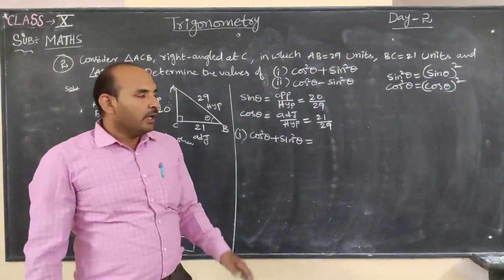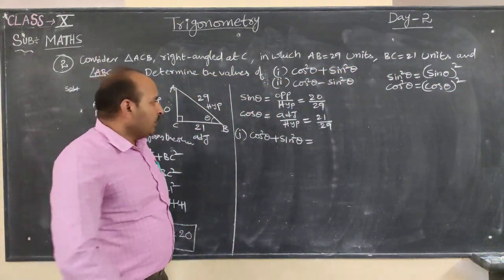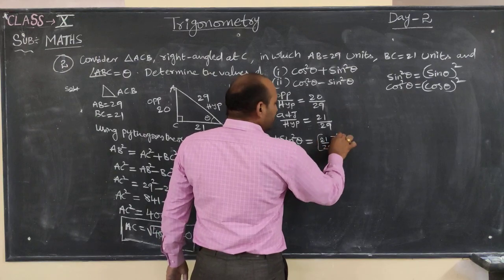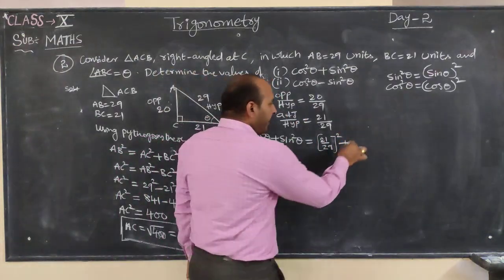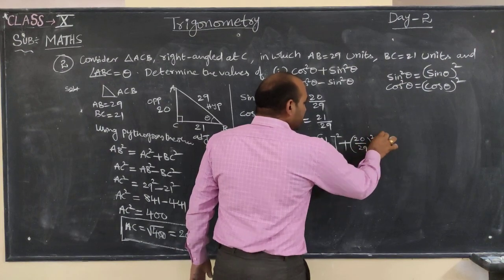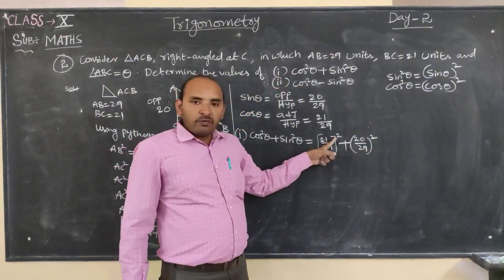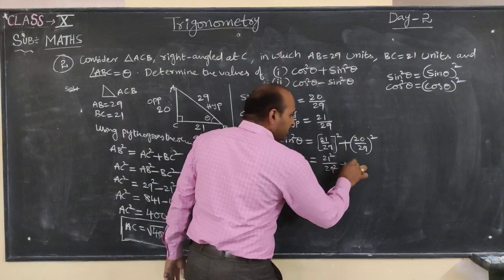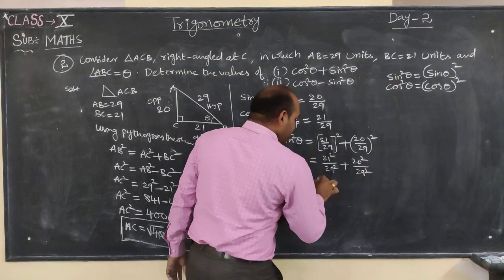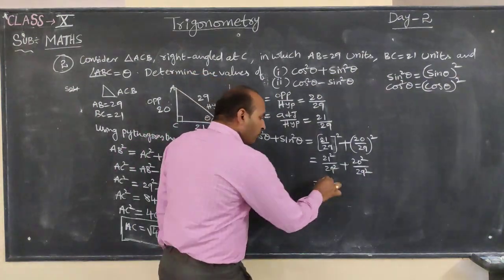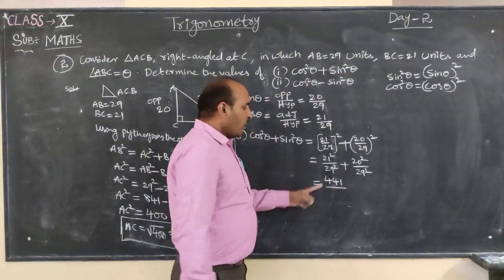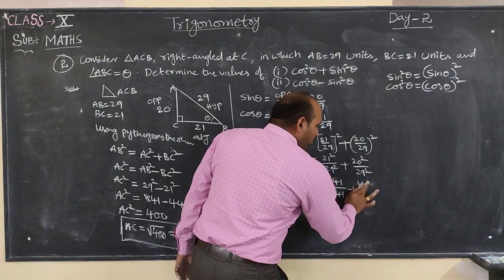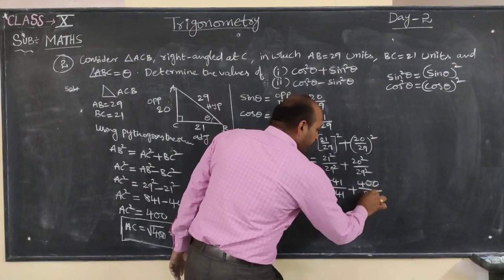So it is 21 divided by 29 whole square plus 20 divided by 29 whole square, which is 21 square divided by 29 square plus 20 square divided by 29 square, which is 441 by 841 plus 400 by 841.